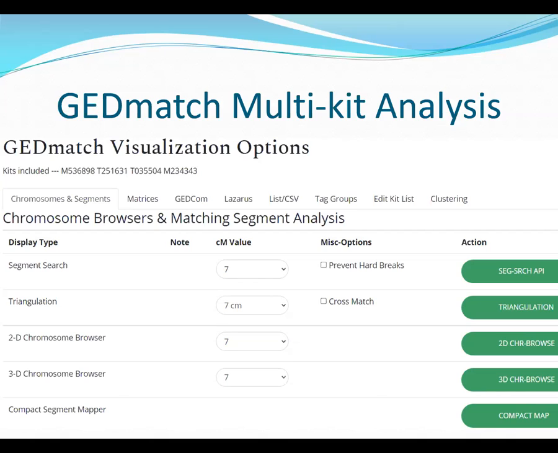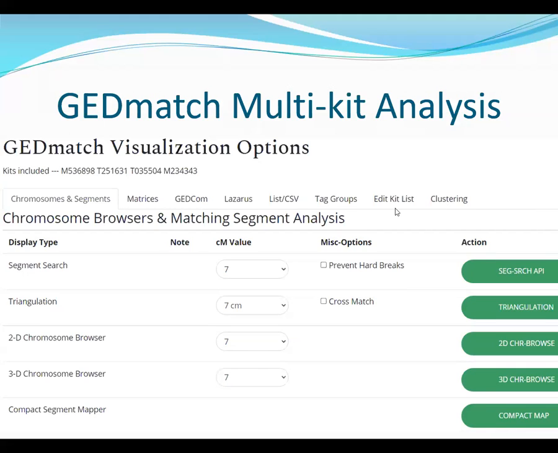My largest tag group is a McClary cluster of 50 different relatives I know who are in GEDmatch, who all are descended from my ancestor, William McClary. So you can create these tag groups and efficiently run comparisons using that. There's clustering tools, which I'll be talking about otherwise, and then you can edit your kit list as another option.